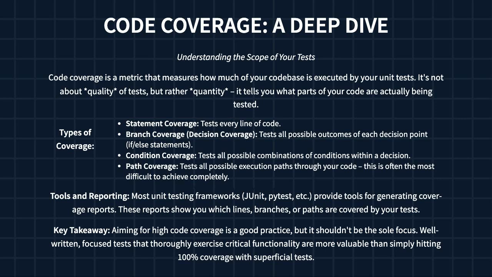There are different types: statement coverage, which checks every line; branch coverage, which looks at all possible outcomes of if or else statements; condition coverage, that focuses on testing all combinations within those decisions; and path coverage, which is about covering every single possible execution route through your code. Most testing frameworks give you tools to generate reports showing exactly what's covered. Remember though, aiming for 100% isn't always the goal. Really well-written tests are more important than just hitting a percentage.